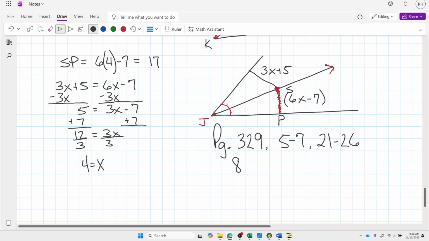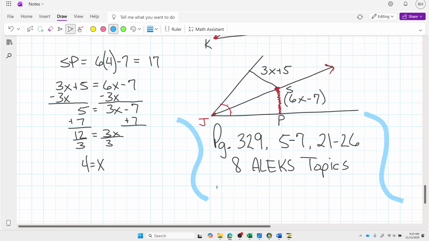You've still got 8 ALEKS topics this week. And I have posted page 330 and page 329 to Focus. So if you don't get the problems done in class, those pages are on Focus where I put the notes all the time.